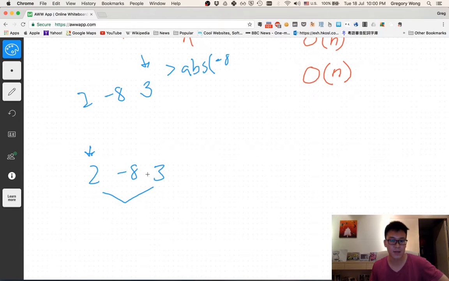So in this case, the sum of these is actually -5, so it's not worth adding. If it was like this instead, the sum of these is 1, and it makes it worth adding.